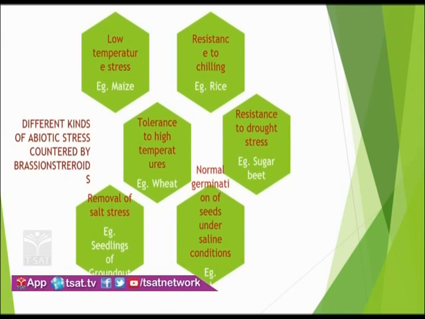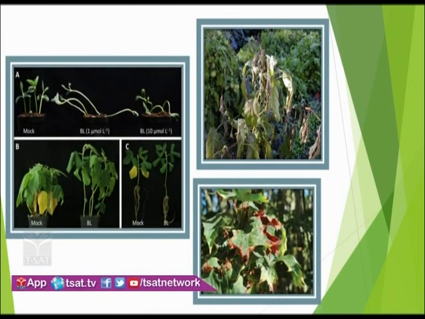So, it is under stress. So, what are the different kinds of abiotic stress? Stress related with temperature, either low or high temperatures, less amount of water, more amount of water, etc. are the different kinds of stress we see over here. These different kinds of stress in different kinds of plants can be counteracted by the brassinosteroids. Okay.